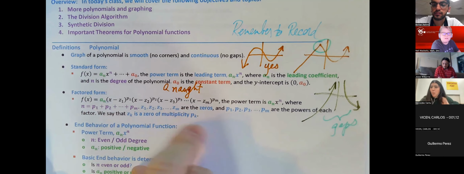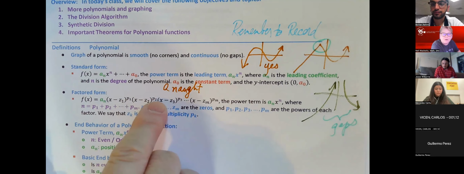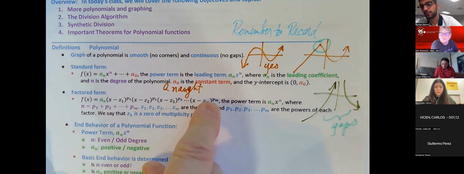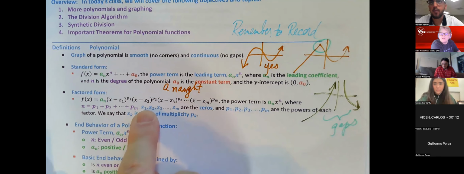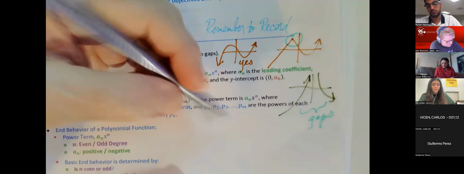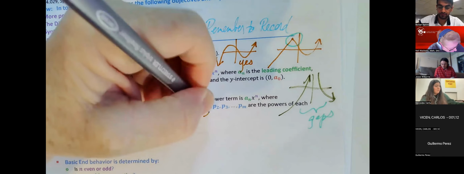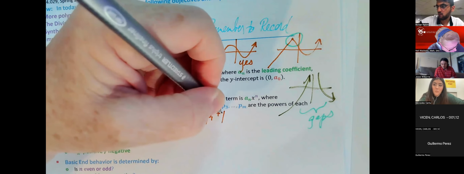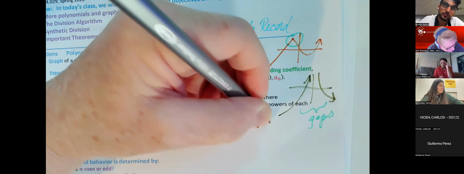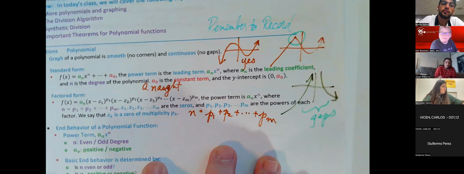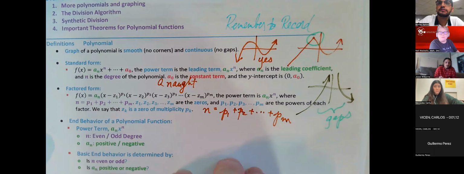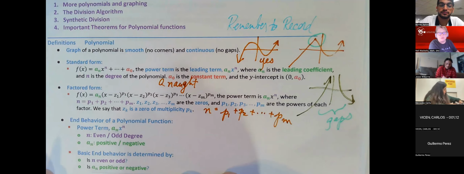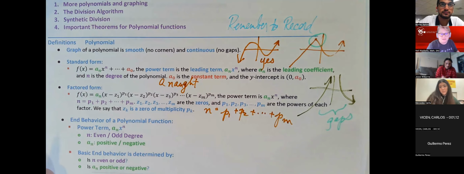To find n, we have to add up all the exponents on the factors. So we say that n is equal to p1 plus p2 plus ... plus p sub m. That's going to be the degree of the polynomial, and we care whether or not that's even or odd.